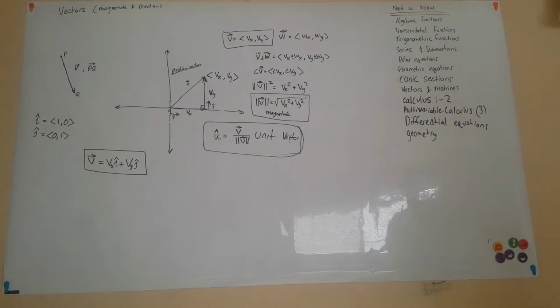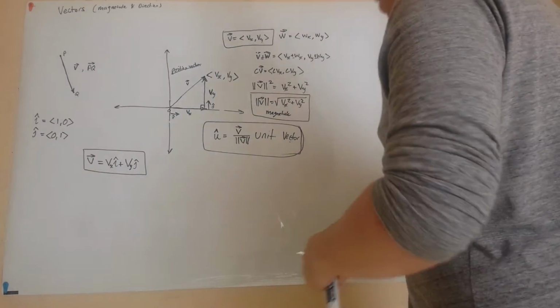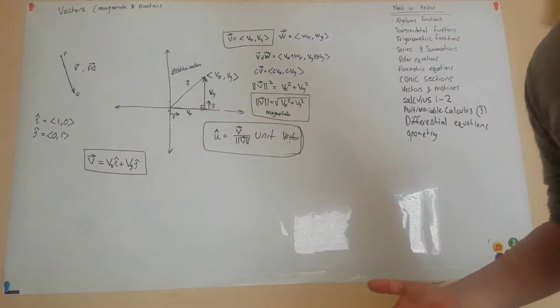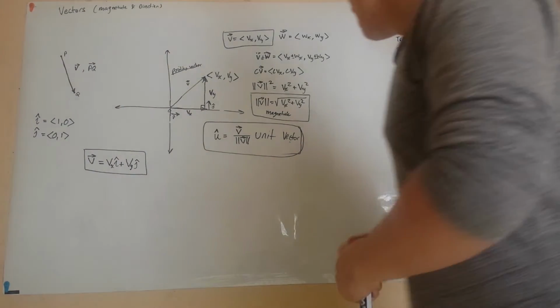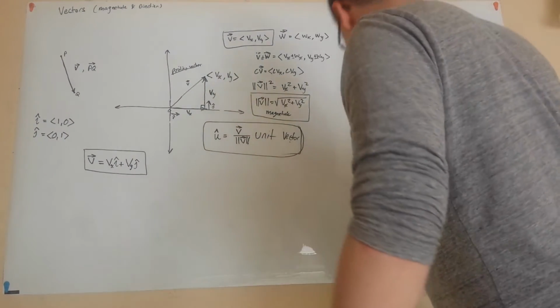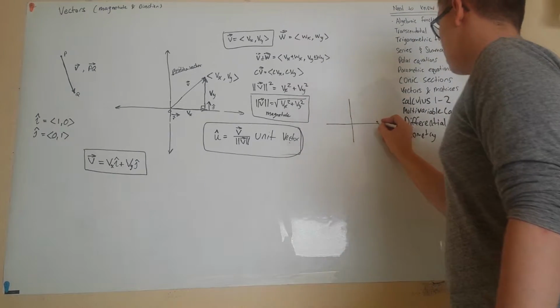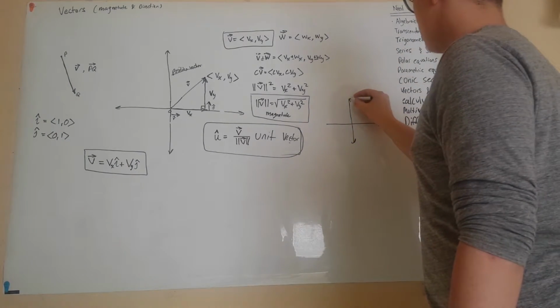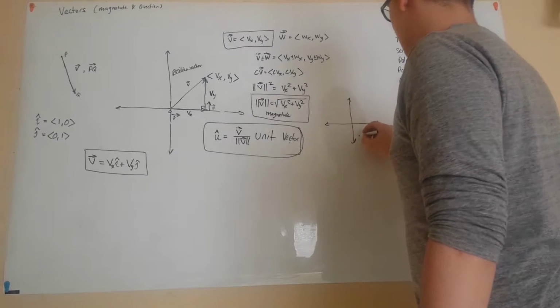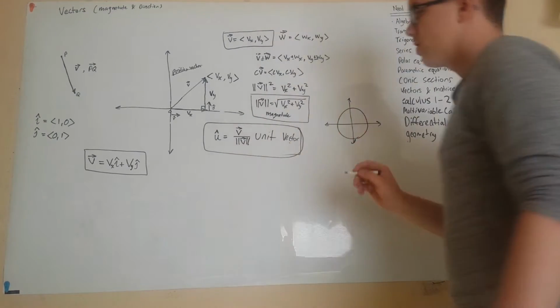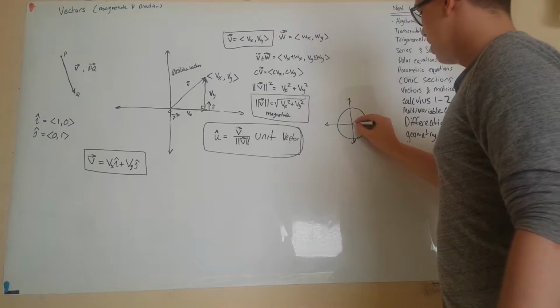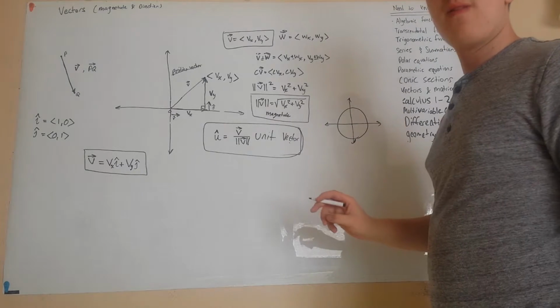One more thing to add on is the unit circle description of a vector. So the unit circle is a circle centered at the origin with a radius of 1.